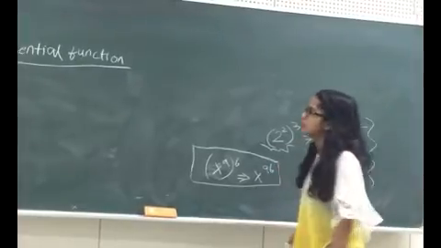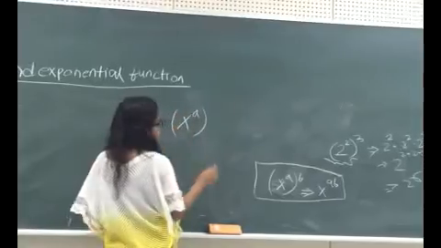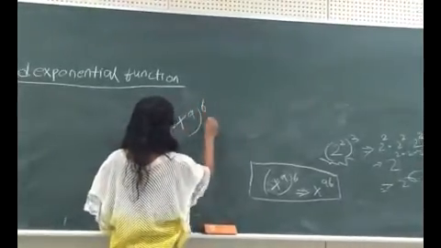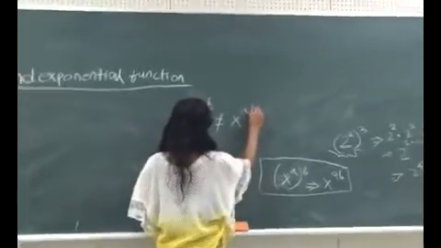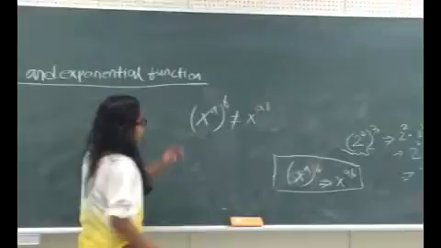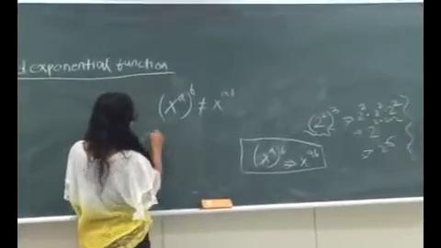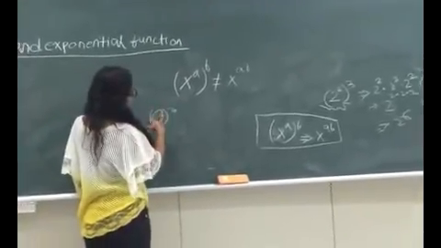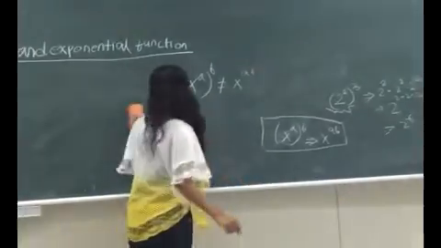Let me give you an example. x^a in parenthesis to the power b is absolutely not equal to x to the power ab. Because in this question, for example, if there is x to the power square, we need to do the square of this first and then do the cube for this part. I hope it is clear.